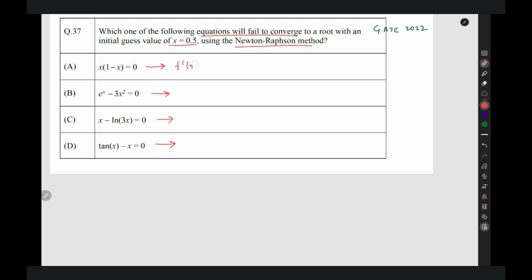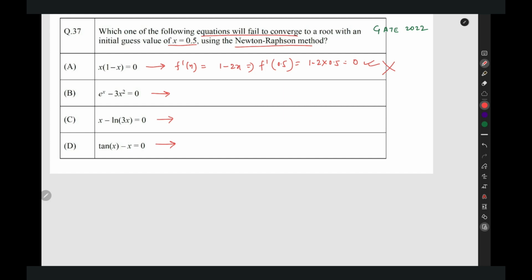So f dash of x, for x minus x square, its differentiation will be 1 minus 2x. So after putting in f dash of 0.5, we will get 1 minus 2 into 0.5, it will be 0. So it's coming 0. So clearly the Newton-Raphson method will fail for this equation.